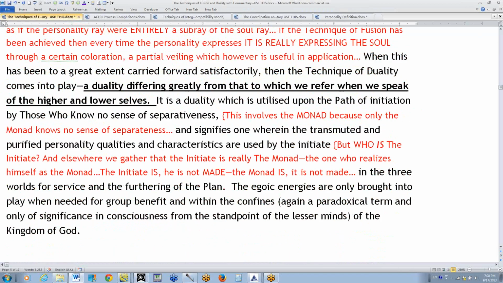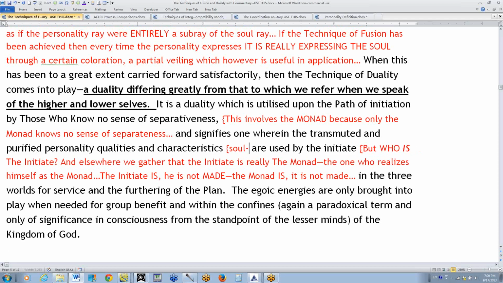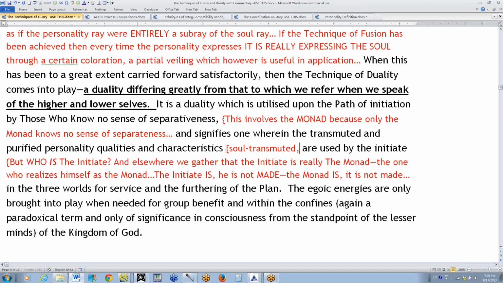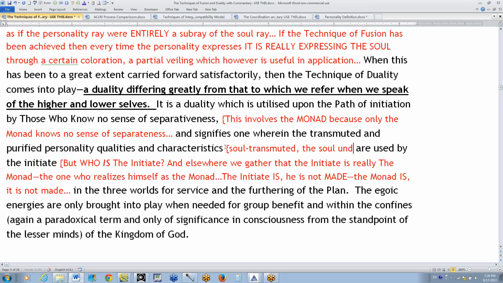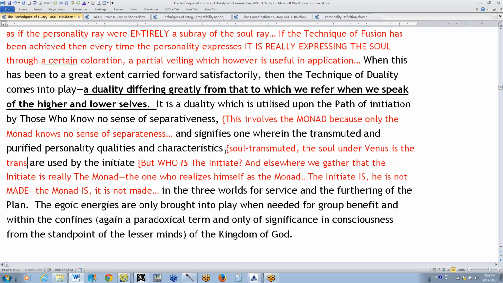So it signifies one wherein the transmuted and purified personality qualities and characteristics, and they are, let's call them soul transmuted. The soul under Venus is the transmuting agent.